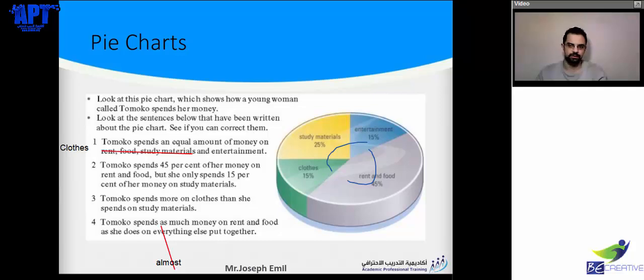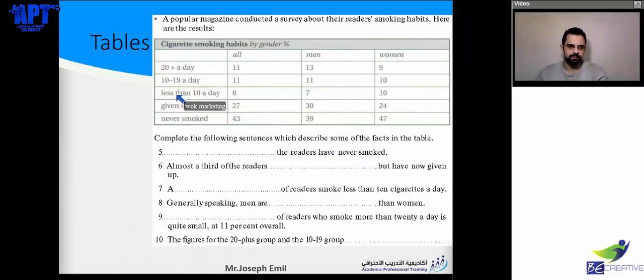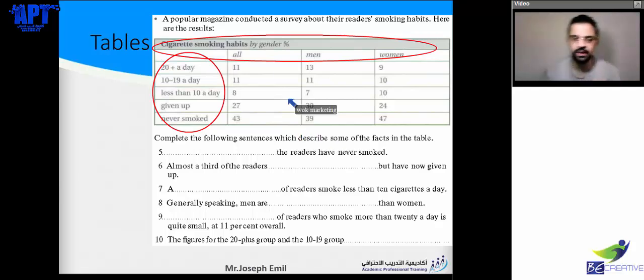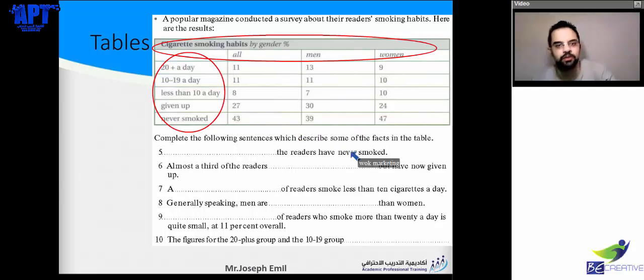What about a table? In a table, of course, you need to notice the columns and the rows. So pay very close attention to the columns, the rows here, and this column or that column here. You must read the table well, because if you don't, you will analyze this information incorrectly.